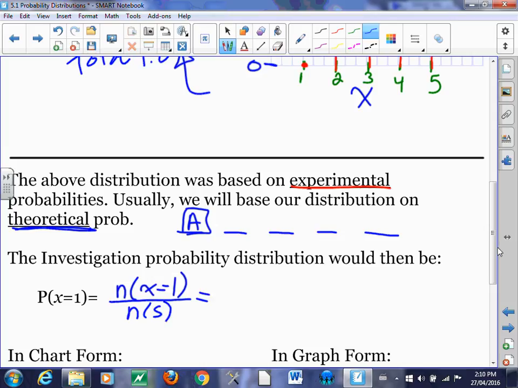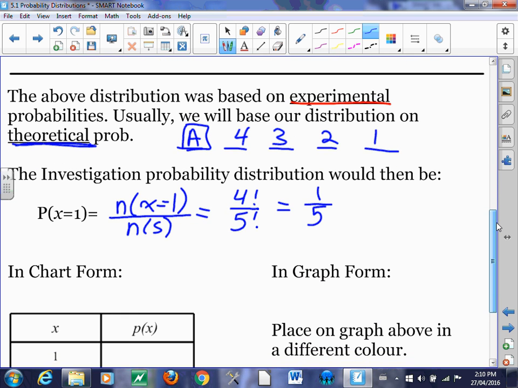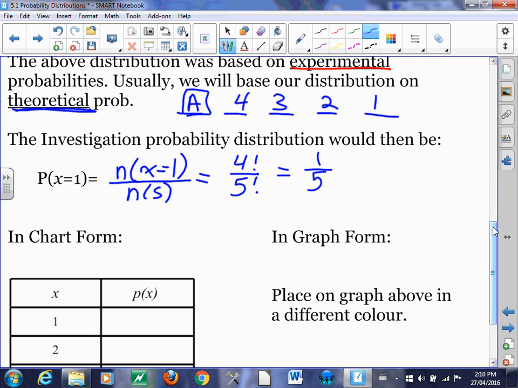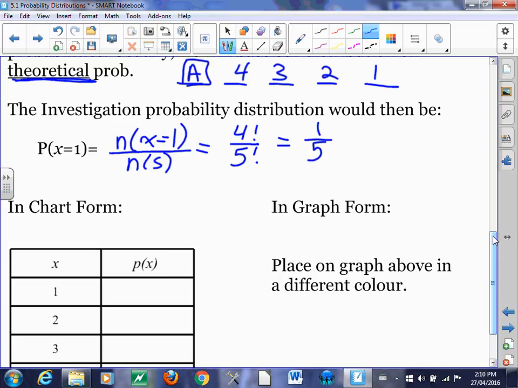Okay, well, if they're going first, then it's going to be 4 times 3 times 2 times 1, which is 4 factorial, over the number in our sample, which is 5 factorial. Okay, and this equals 1 over 5. So you have a 1 in 5 chance of going first. Okay, so that is a probability based on going first.